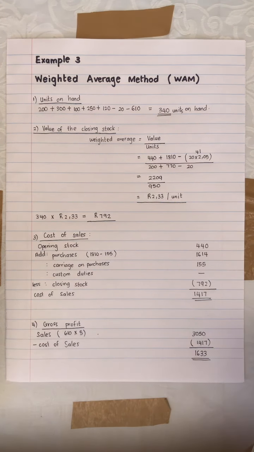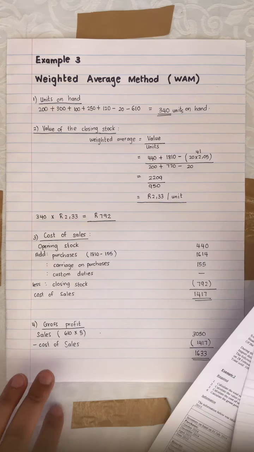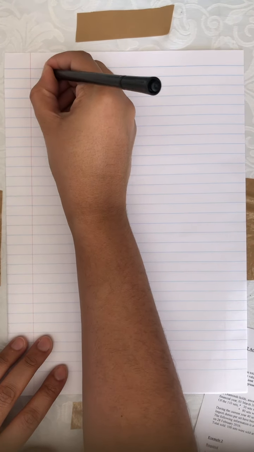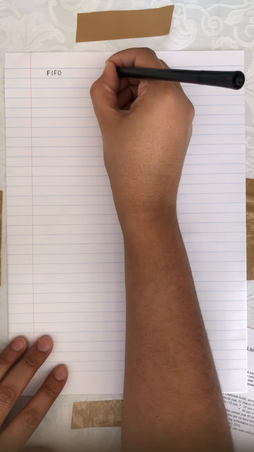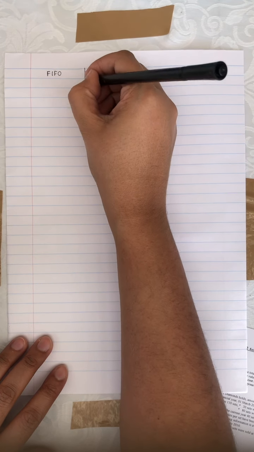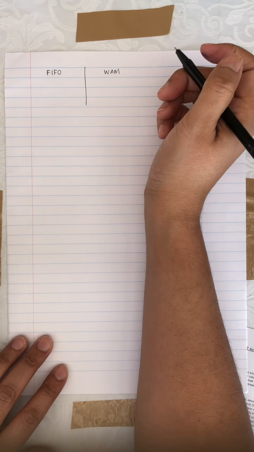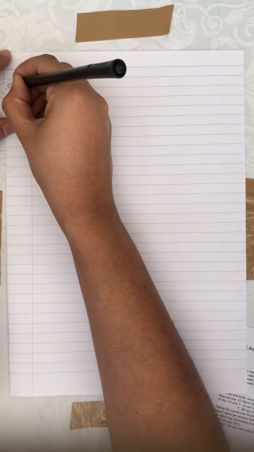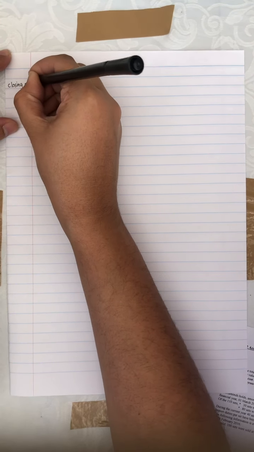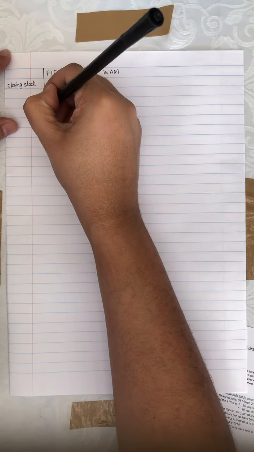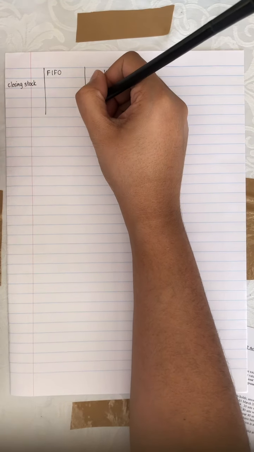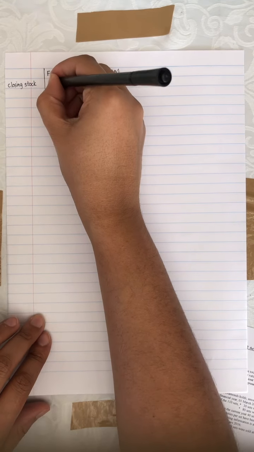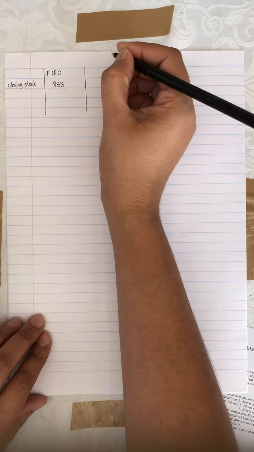Now, I want to quickly compare the two. So let's take a clean page and compare the two. We've got our FIFO here, and we've got our weighted average method here. When it came to closing stock, FIFO was sitting at 585, the value of my closing stock.